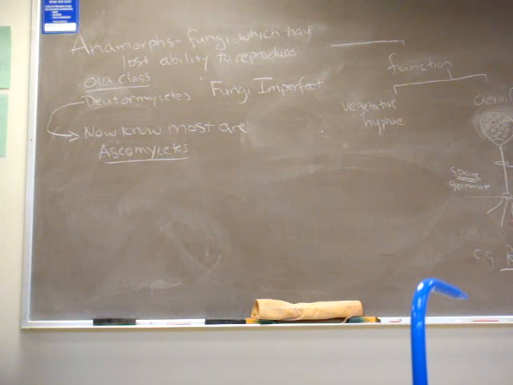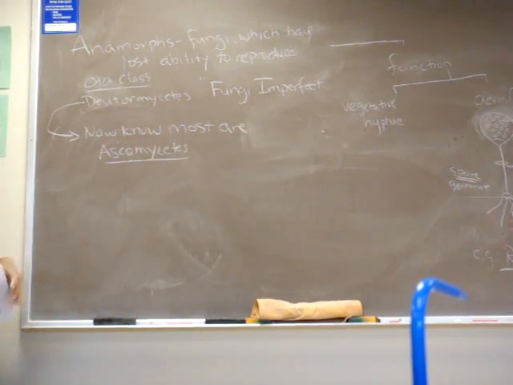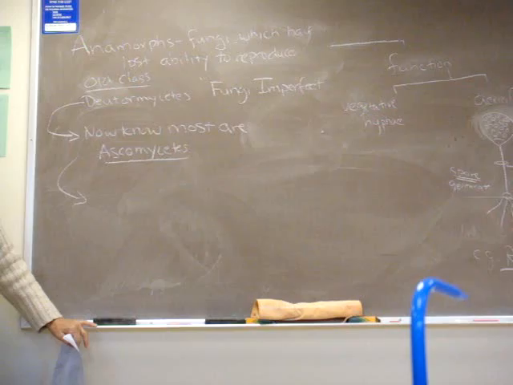If I just told you it's an advantage to reproduce sexually, why would it be a survival advantage for so many fungi to lose the ability to reproduce sexually? And one thing we were brainstorming yesterday, many of the pathogens are in this group. The majority of the human pathogens are in this group.